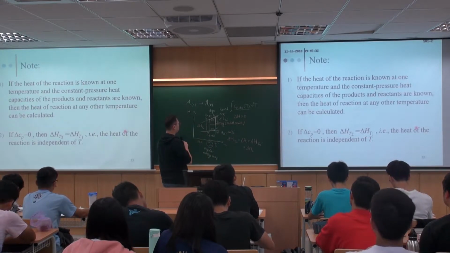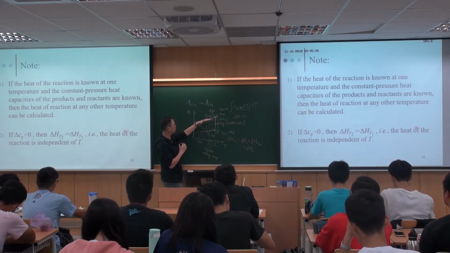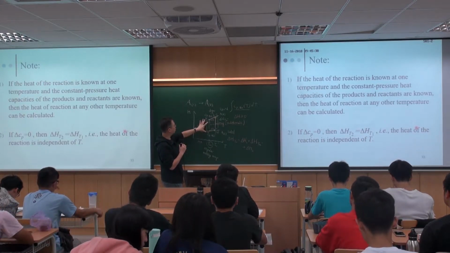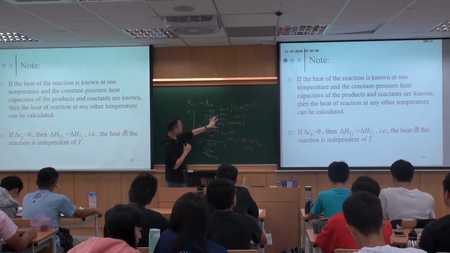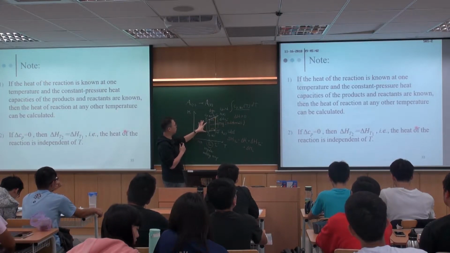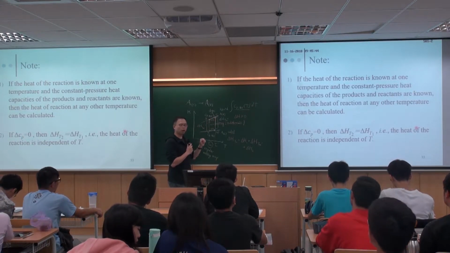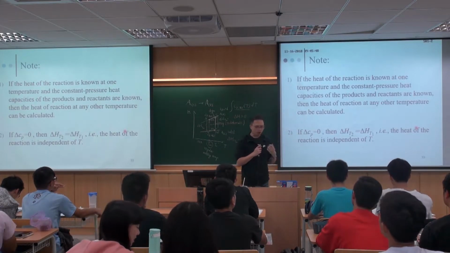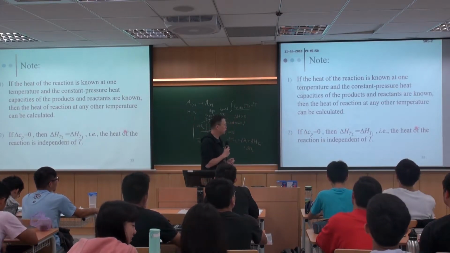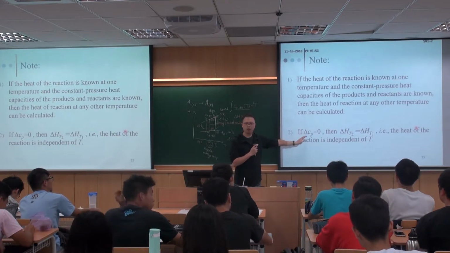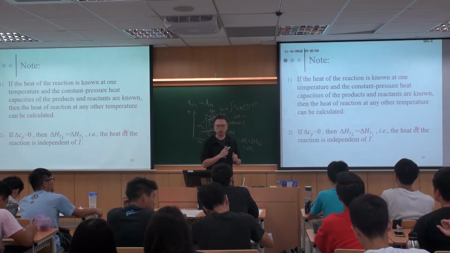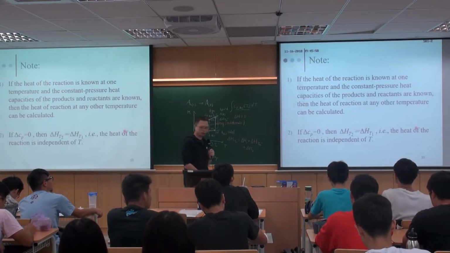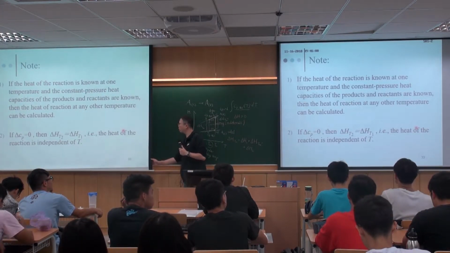So this is not hard to imagine, right? Imagine these two slopes are the same, then at any temperature, the difference between the two will be the same. Right? So this is what this statement is about. But in most cases, during your calculation, delta Cp is not 0, and it's also a function of temperature. Okay. So to summarize, let me see if I have.